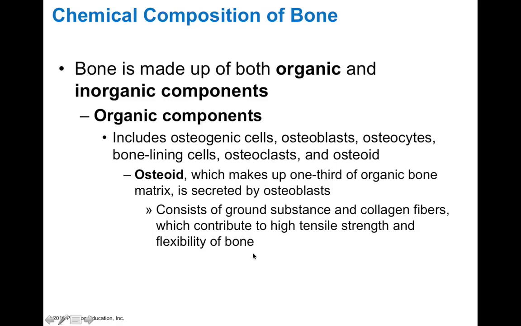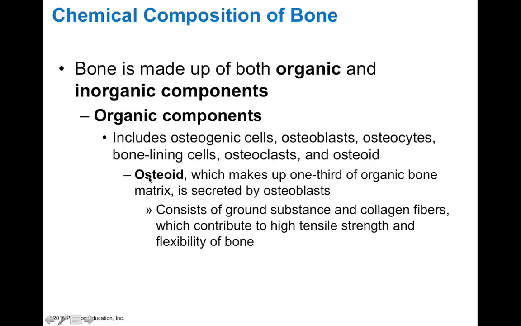Now, in terms of what bone is made of, well, it's made of both organic and inorganic components. The organic components of bone, which are basically carbon-containing, hence the name organic, include the cells like osteogenic cells, osteoblasts, osteocytes, bone-lining cells, and osteoclasts, as well as the osteoid. Now, the osteoid is what makes up one-third of the bony matrix.